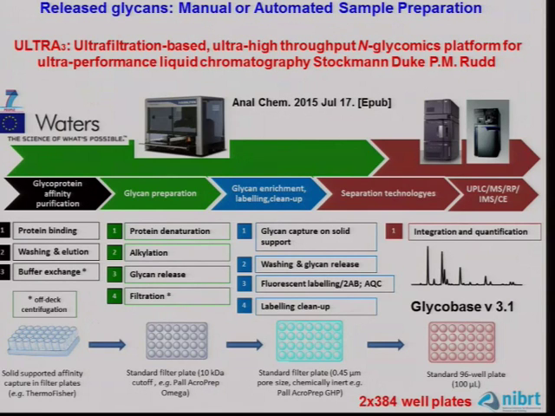So there are really several stages to glycan analysis. First of all, you've got to purify your protein. If that's IgG, you're probably going to pull it out on protein A. You bind your protein from your bioprocessor to the protein A, then wash and elute it, buffer exchange, and release your glycans, probably from the protein A matrix.